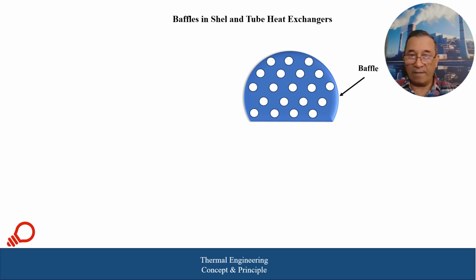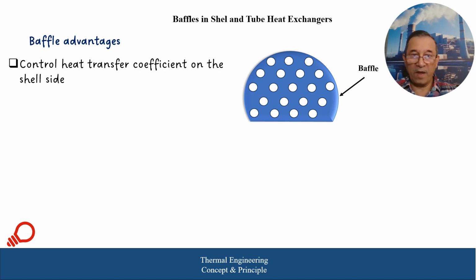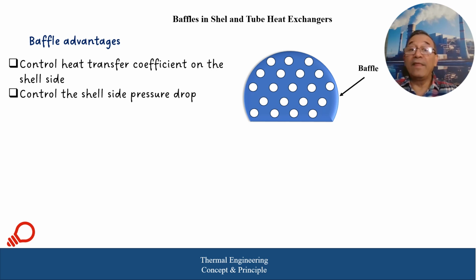In general, the baffle has many advantages in heat exchanger construction, and we are talking about the shell and tube heat exchanger. First, these baffles can control the heat transfer coefficient on the shell side, and at the same time, they control the pressure drop on the shell side.